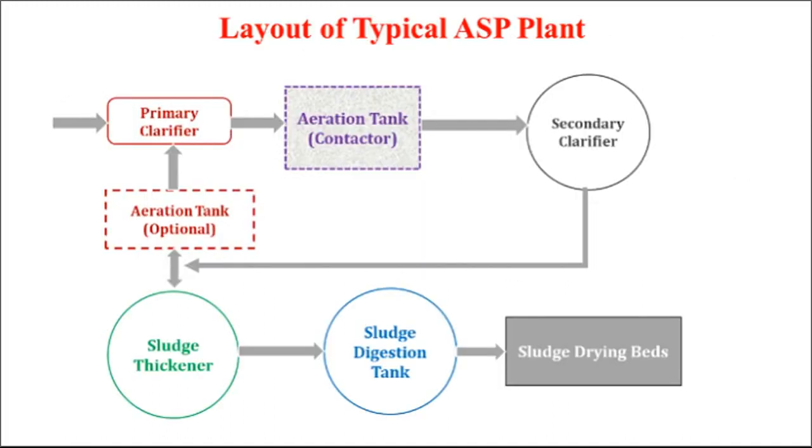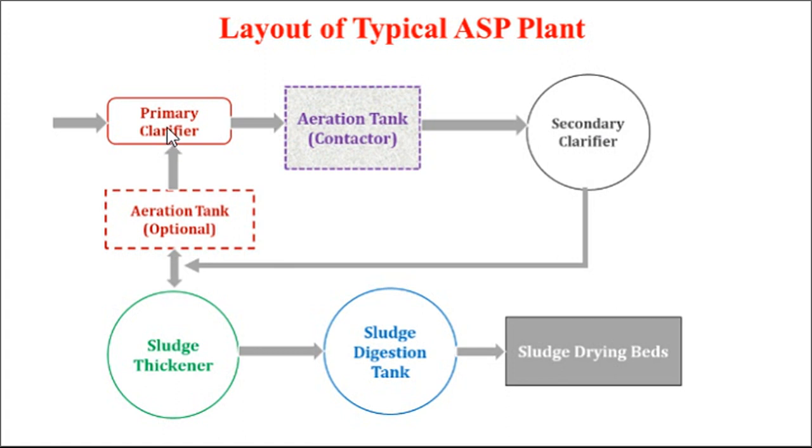Next slide, layout of a typical activated sludge process plant. So this is the first unit, that is the primary sedimentation tank. Waste after the primary sedimentation tank is applied to the aeration tank, and after the aeration period it goes to the secondary clarifier or secondary sedimentation tank. Whatever settled sludge is there is recirculated like this, depending upon the requirement.